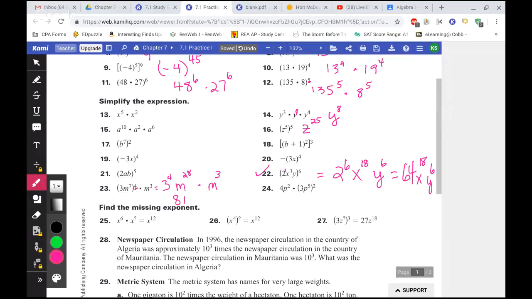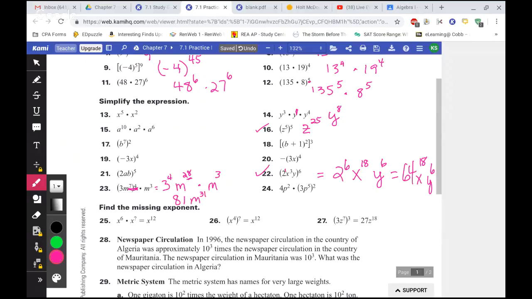But 3 to the 4th is 81. And now you will add the m to the 28th and m to the 3rd. So that's going to be m to the 31. But you multiply this 7 and this 4 when it's a power raised to a power. It's just like number 16, except you've got more things inside the parentheses.